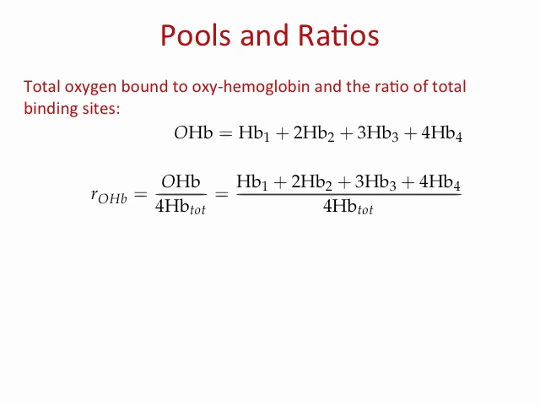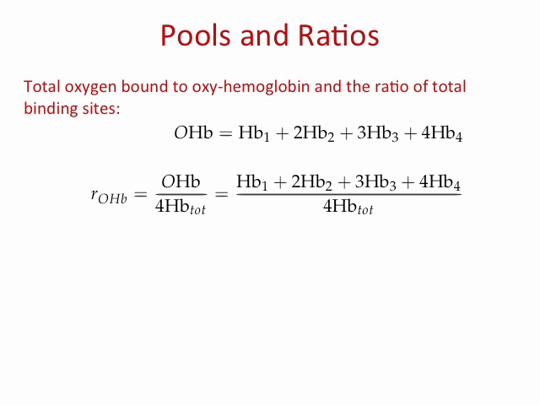Now we need to characterize the state of hemoglobin, and we are going to do that by forming pools and ratios as we were introduced to in earlier chapters. We're going to define the oxygenated or oxyhemoglobin state, the oxygen-bound state of hemoglobin, as shown in the top equation, where we add hemoglobin with one molecule plus two hemoglobin with two oxygen molecules bound, and so forth.